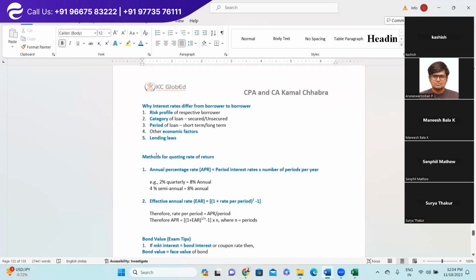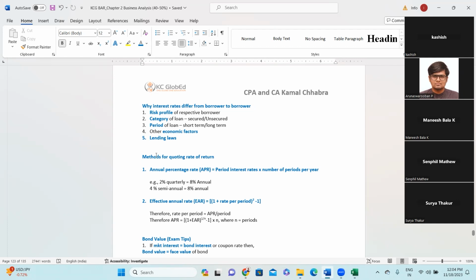So why does interest rate differ from borrower to borrower? This is another topic which might be frequently tested in your examination. Interest rates are generally different from borrower to borrower. So what are the reasons for different rates of interest for different types of borrowers or individuals, right?